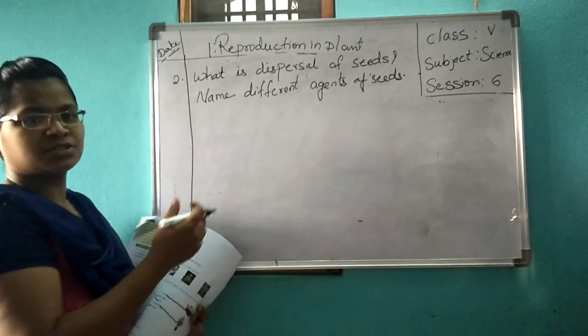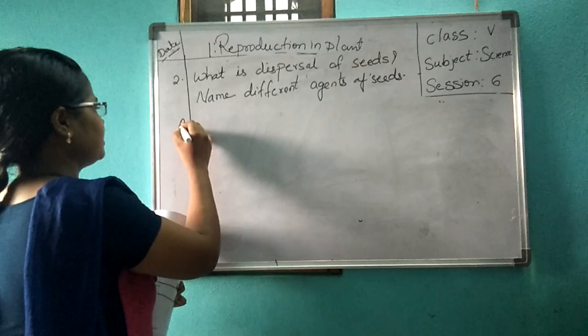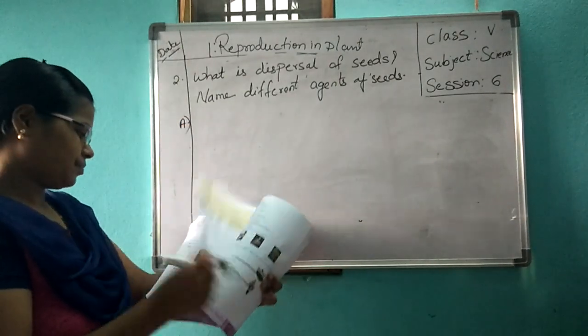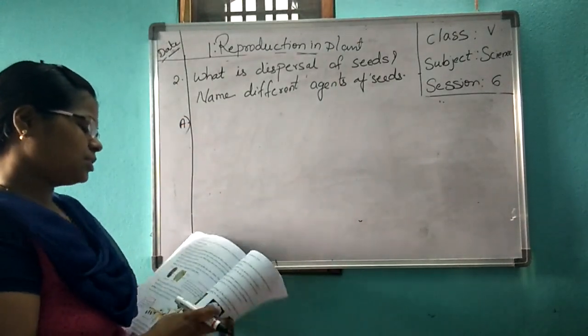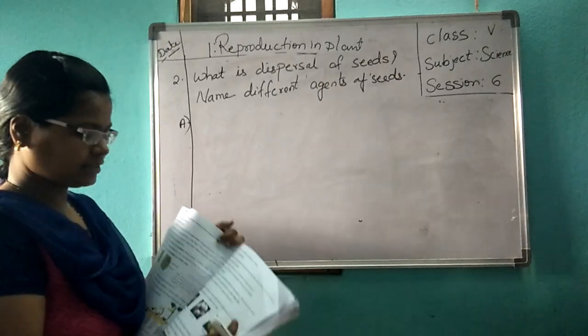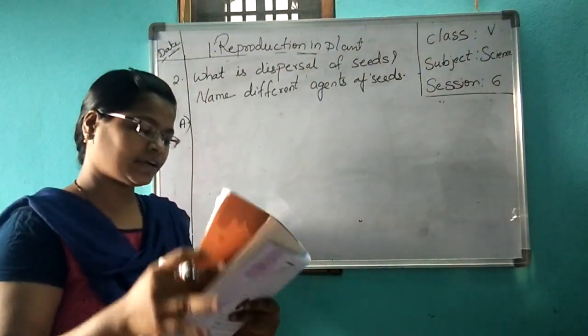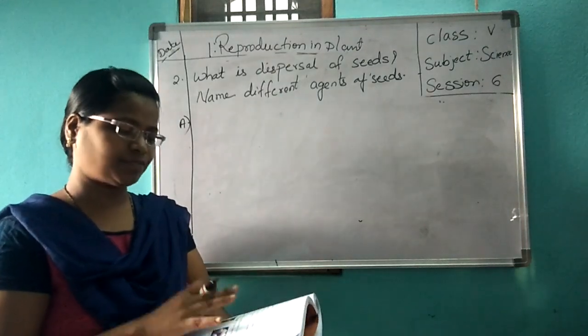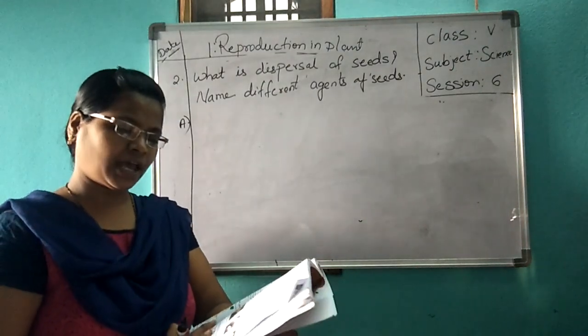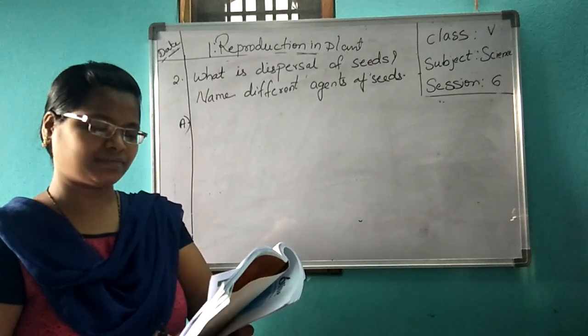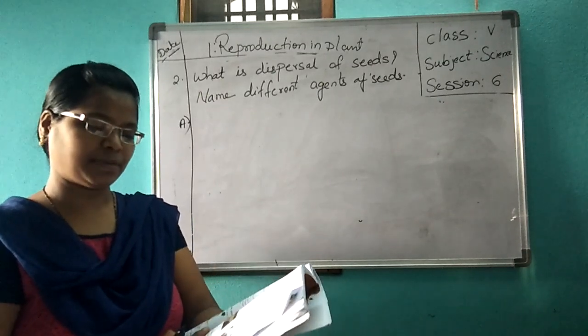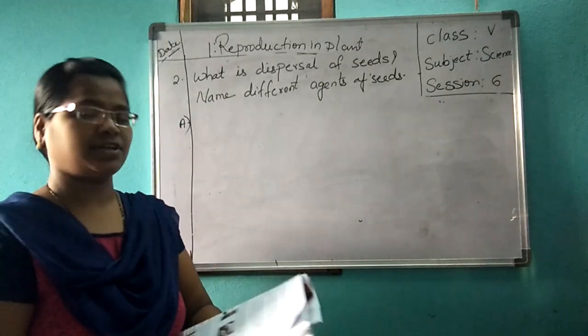Agents means through which seeds are getting spread. Now go to page number 183. Here you are having dispersal of seeds. The seeds are carried away from the parent plant by some agents. This process by which the seeds are scattered away from the parent plant is called dispersion.